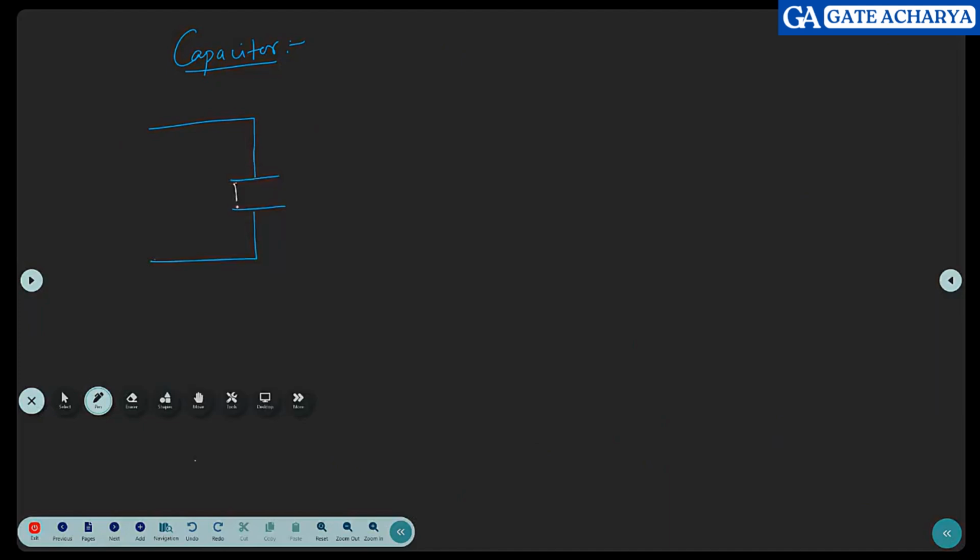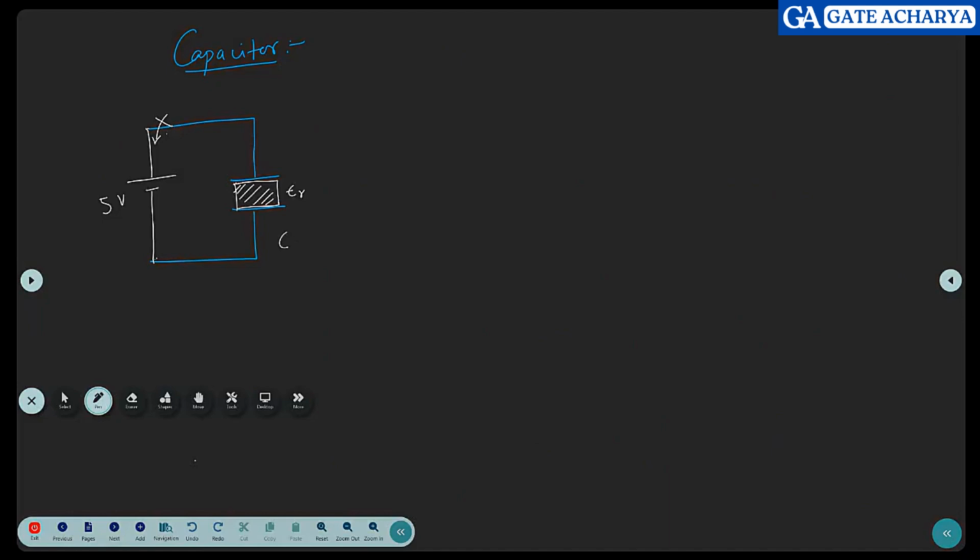I don't want to make it more of an EM class, but still, we just want to say that there is something here called dielectric, which has an epsilon R. So, say I have a switch here, I close it, I give 5 volts.